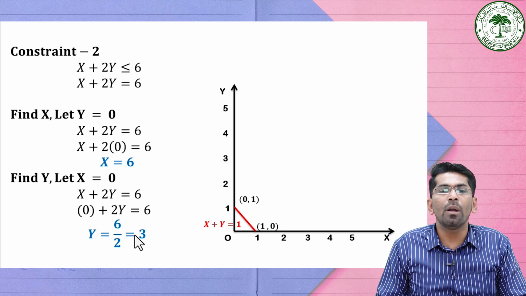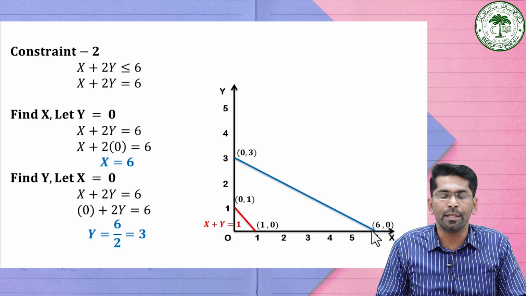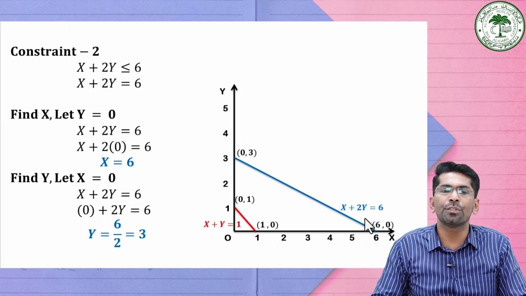Now we are going to plot these 2 coordinate points: when x is equal to 0, y is equal to 3, and when y is equal to 0, x is equal to 6. I'm going to plot these 2 points using a blue line joining 3 and 6. This is the line showing the second constraint, x plus 2y is equal to 6. Now we have one more constraint also.